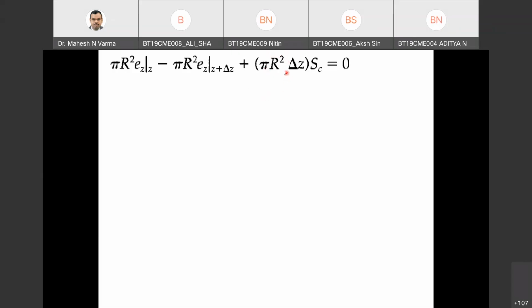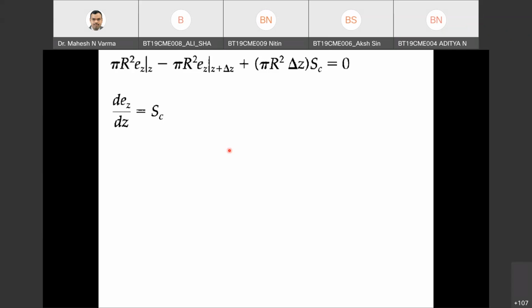This is a capital R, the total radius of the cylinder. Divide by pi R square delta Z, multiply by -1 and use the definition of differentiation. What equation will you get, Nitin? So d by dz of Ez will equal minus SC. Are you getting this equation? Yes, sir.